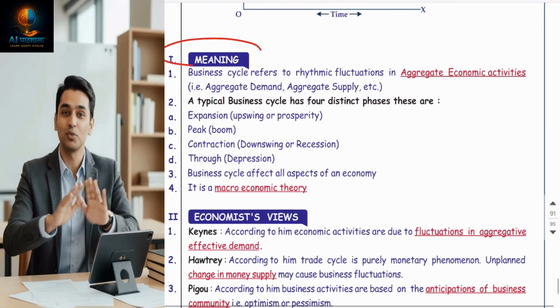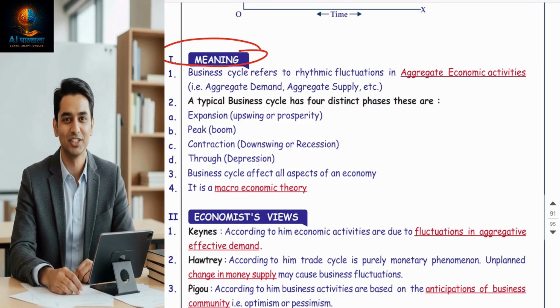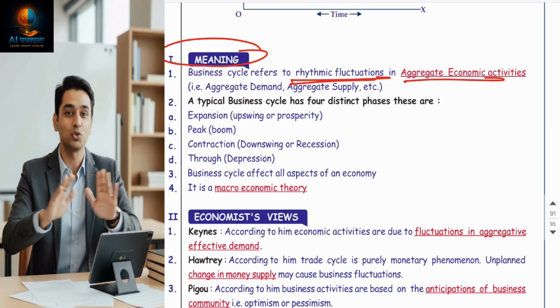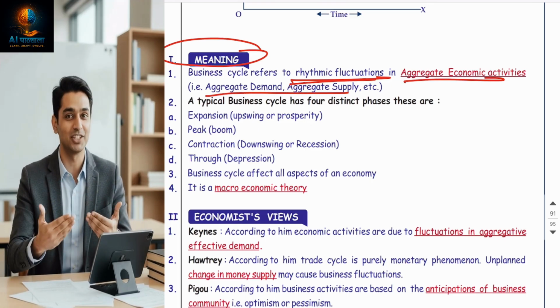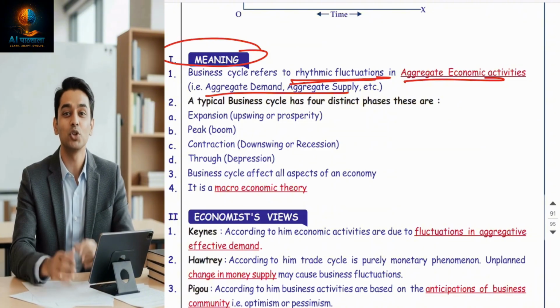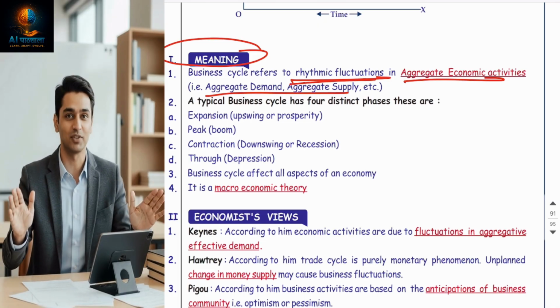What is a business cycle? Friends, a business cycle refers to a rhythmic fluctuation in aggregate economic activities like demand, supply, income, and output. In short, it shows how an economy moves through periods of expansion and contraction.